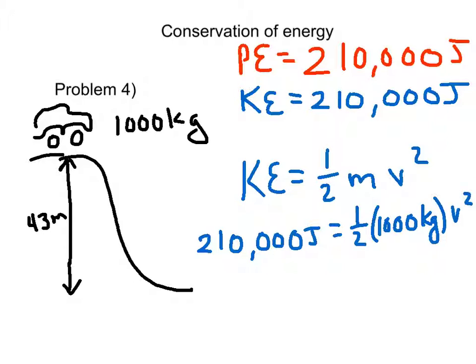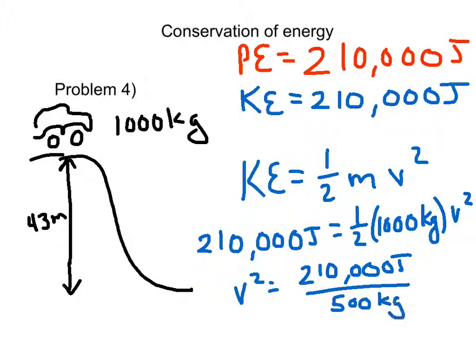If we work that out, we get v squared is equal to 210,000 joules divided by 500 kilograms. And then to get the final answer we have to take the square root of both sides, and that'll give us the actual velocity at that point.